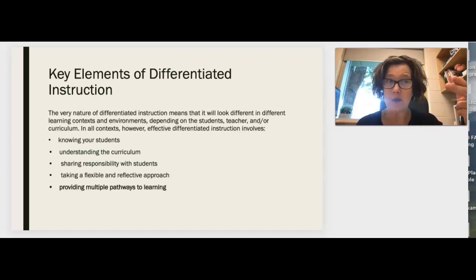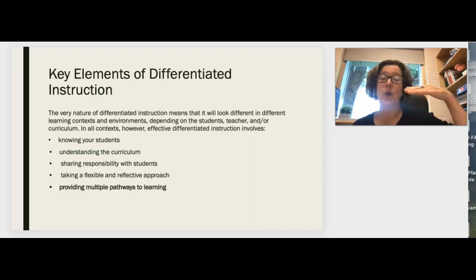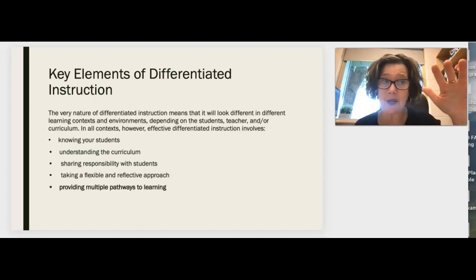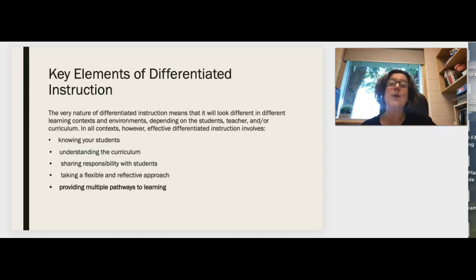So this is not all on you, right? The students also need to take some responsibility for knowing where they are in their learning and for progressing to the next level. You want to take a flexible and reflective approach. So you want to try some things and then reflect on it. And you want to provide multiple pathways to learning.